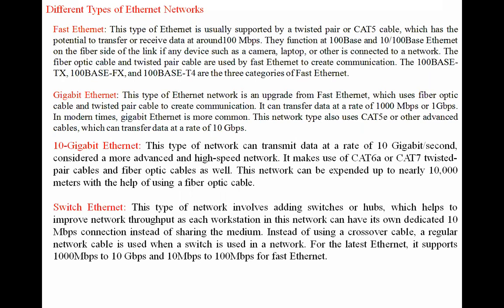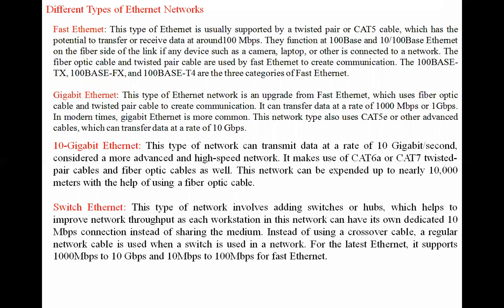No need to carry all the cables to a particular computer. Just add the particular switch or hubs in that particular device. It is going to improve the network. Okay, that is why we have started using the Ethernet.